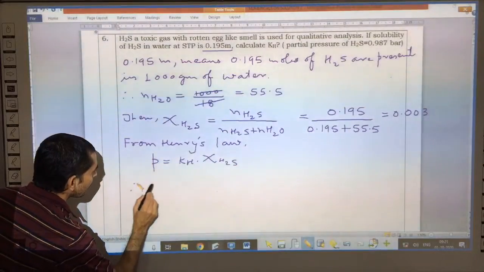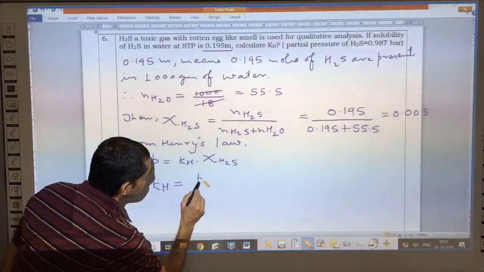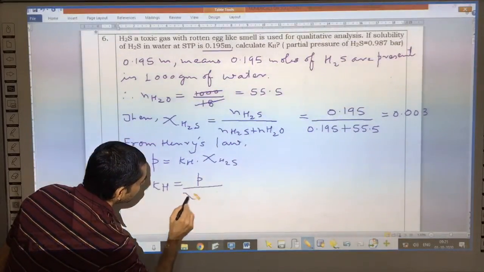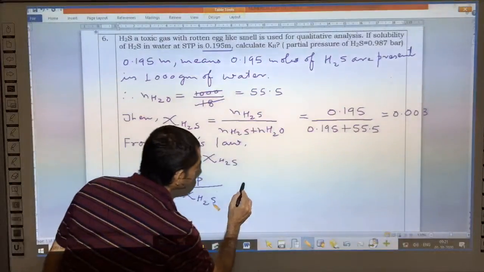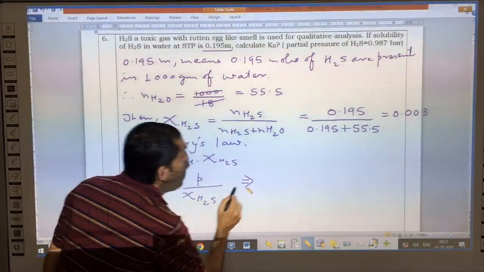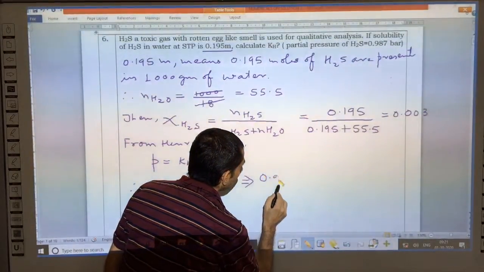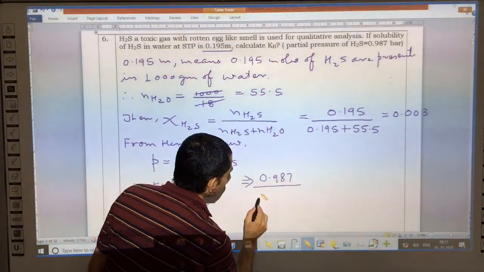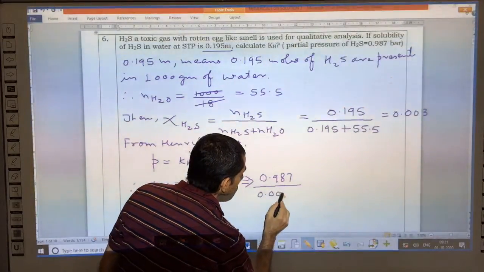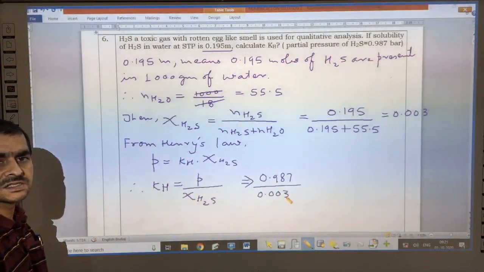Therefore, KH, Henry's constant, will be equal to partial pressure divided by mole fraction of H2S. Okay, now you substitute the value. Partial pressure of H2S is given. It is 0.987 upon mole fraction 0.003. You solve it, you will get the answer.